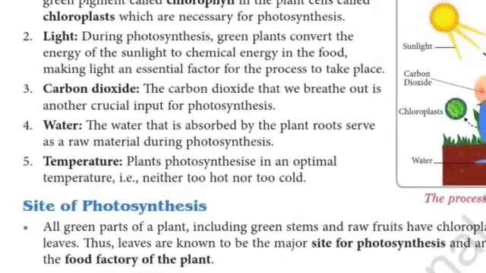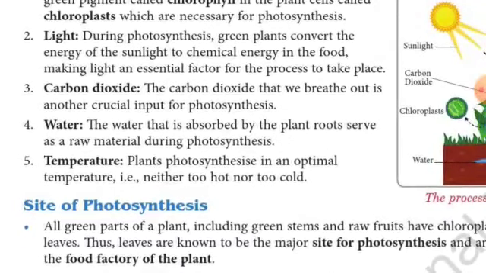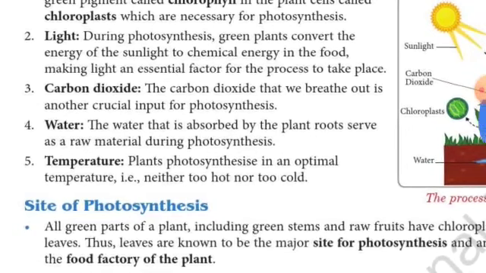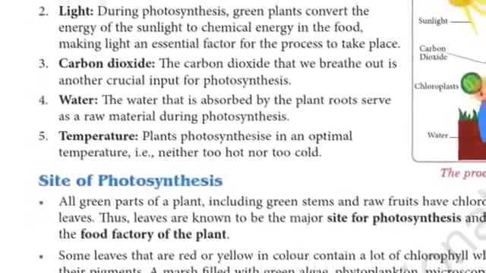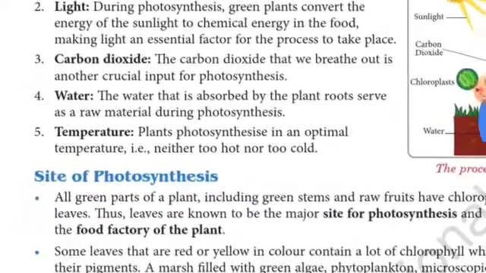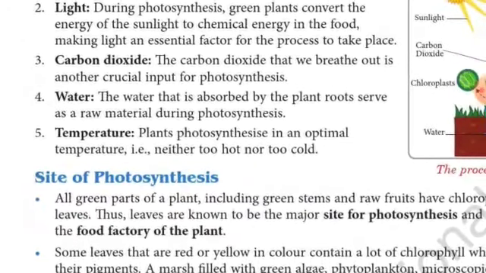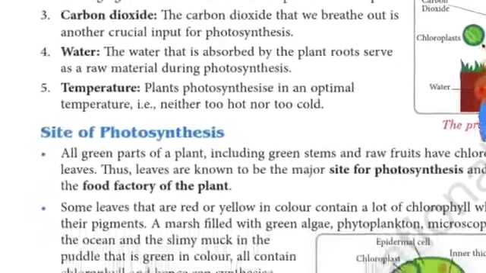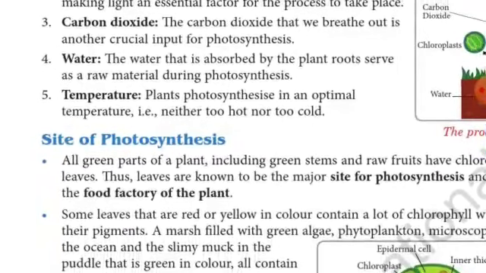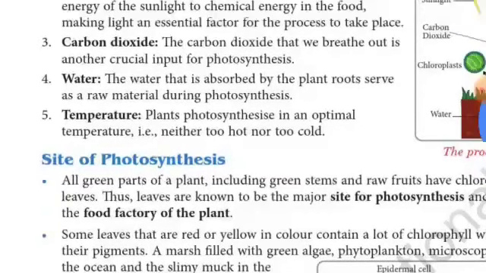With the help of stomata. Stomata are numerous tiny pores present in leaves. Next is water. Water is also a very important raw material which is absorbed by the plant roots through the soil. Next is temperature. Photosynthesis will only take place in an optimal temperature. That means the temperature should neither be too hot nor too cold.